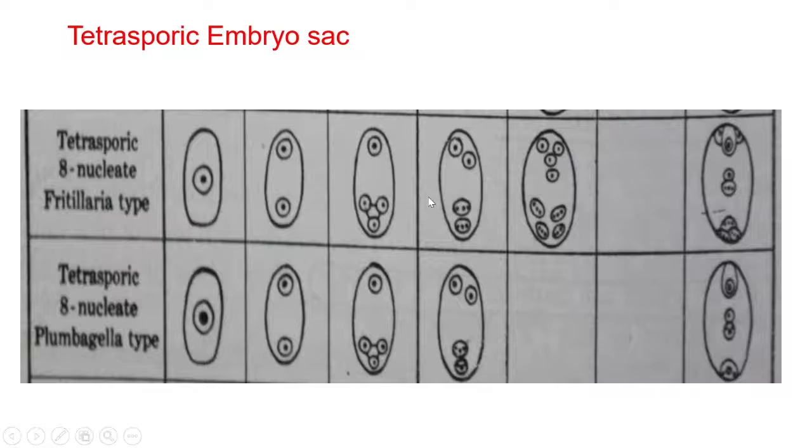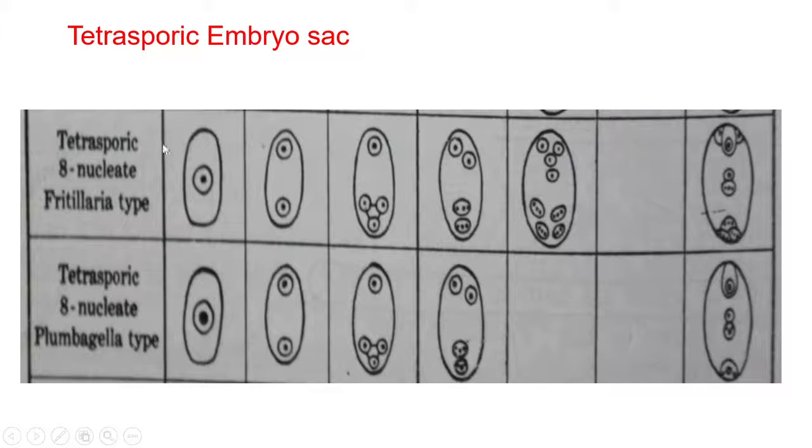Out of 4, one migrates to the micropylar end and three migrate to the chalazal end, and they divide mitotically to form 4 toward the micropylar end and 4 toward the chalazal end. There is no further mitotic division, and the nuclei are arranged in this manner. That means toward the micropylar end there is the egg apparatus with the egg and 2 synergids, 2 secondary nuclei, and 3 antipodal cells.